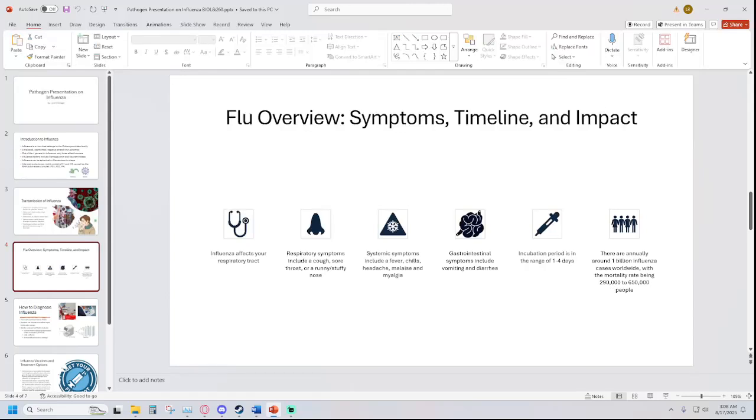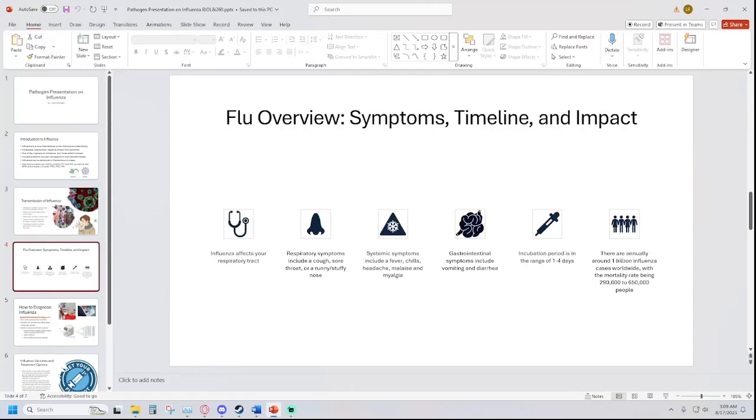Systemic symptoms include a fever, chills, headache, malaise, which is a general feeling of illness and discomfort, and myalgia, which is muscle pain. Gastrointestinal symptoms include vomiting and diarrhea. The incubation period for influenza is in the range of 1 to 4 days.